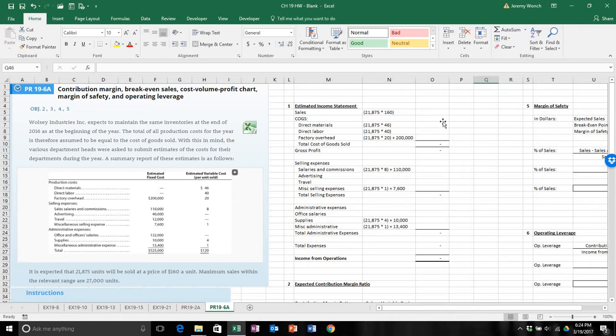So we have our little template over here. We start off with sales, and sales is just going to be the expected sales, which is 21,875 times our expected selling price, which we have all down right here.